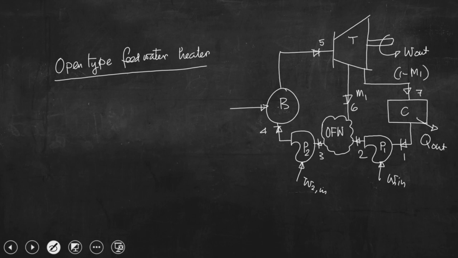If we consider 1 kg of steam flowing into the turbine, and we extract m1 kg of steam, we need to calculate what that fraction should be. The condition is that the thermodynamic state of the mixture at state point 3 should be saturated liquid. The remaining 1 minus m1 kg of steam will expand isentropically as usual up to the condenser pressure and the cycle will be completed.